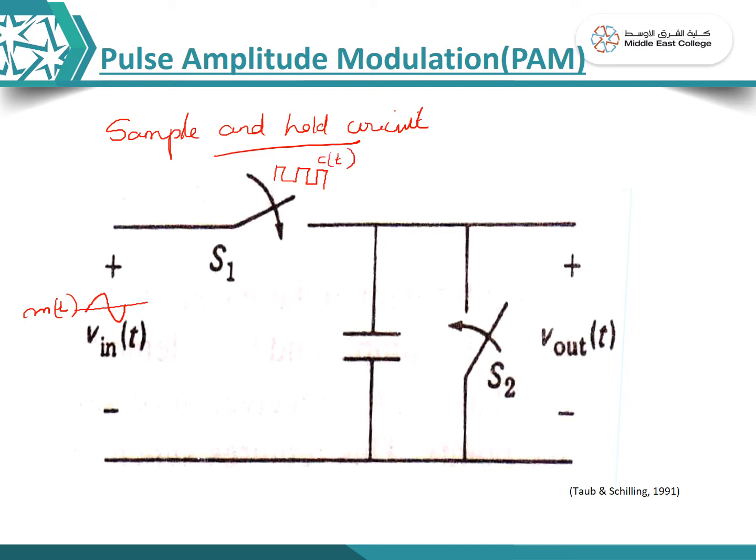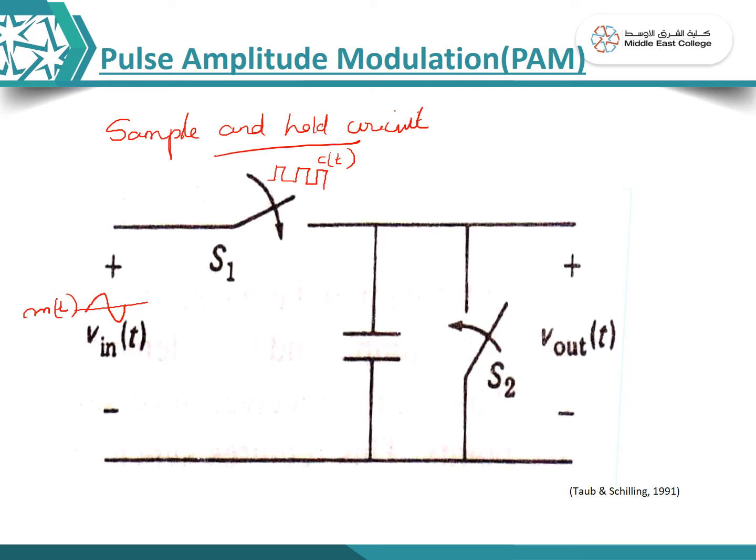Now, see, when the carrier is high, the switch is closed. So when the switch is closed, what will happen? At the point where the carrier is high, that particular part of the message signal will pass as such to the capacitor.